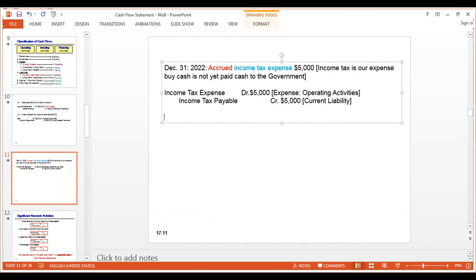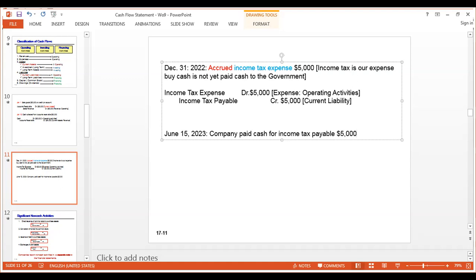Now look at another date. June 15, 2023. Another day, another year. Our company paid cash for income tax payable, $5,000.